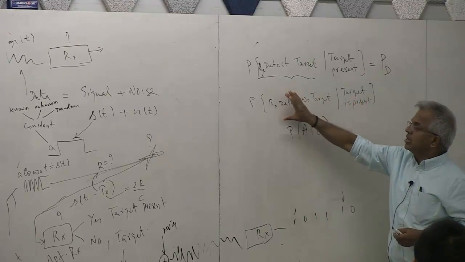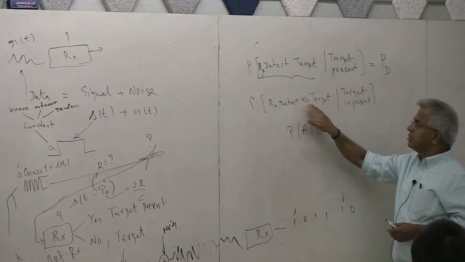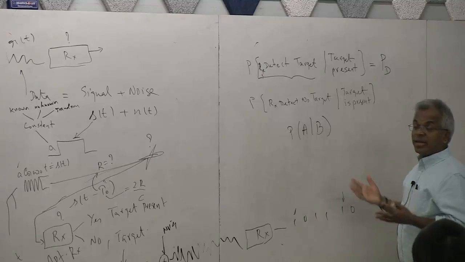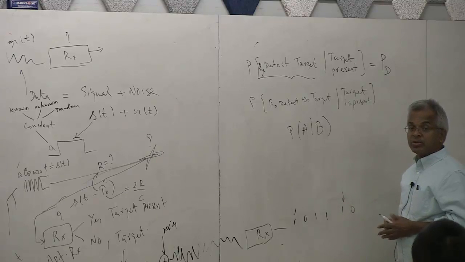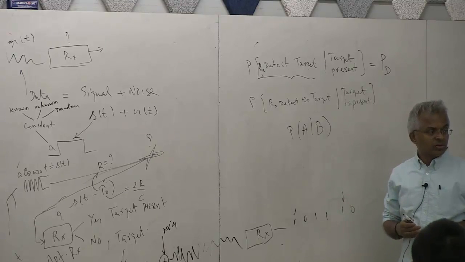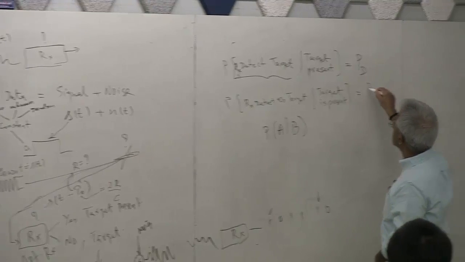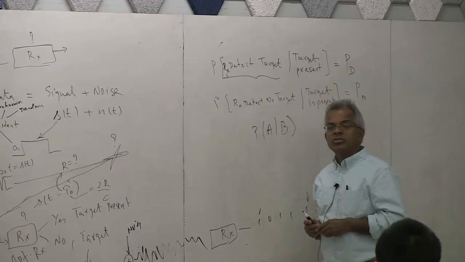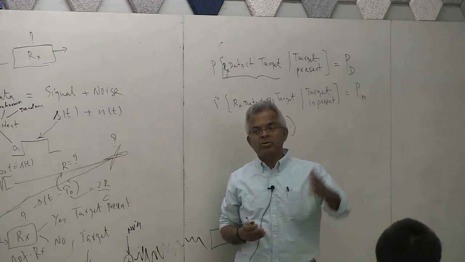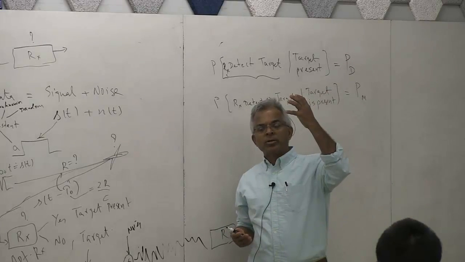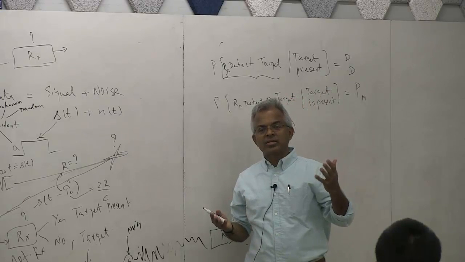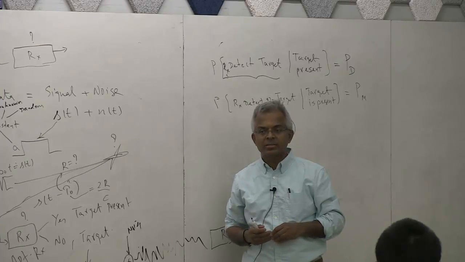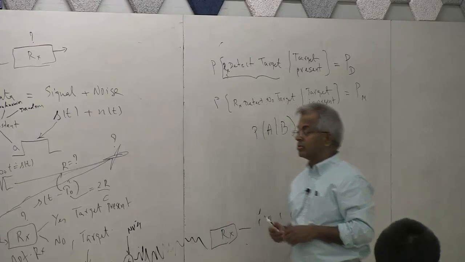You are asking for the probability that the receiver says there is no target, given that actually in the data there happens to be a target. So that means you missed it, right? So that will be the probability of missing the target. And in a radar situation, you can see that's quite bad, right? Because a bomber is coming towards you and you miss the target. So that means you are becoming vulnerable, right? So it has big consequences.